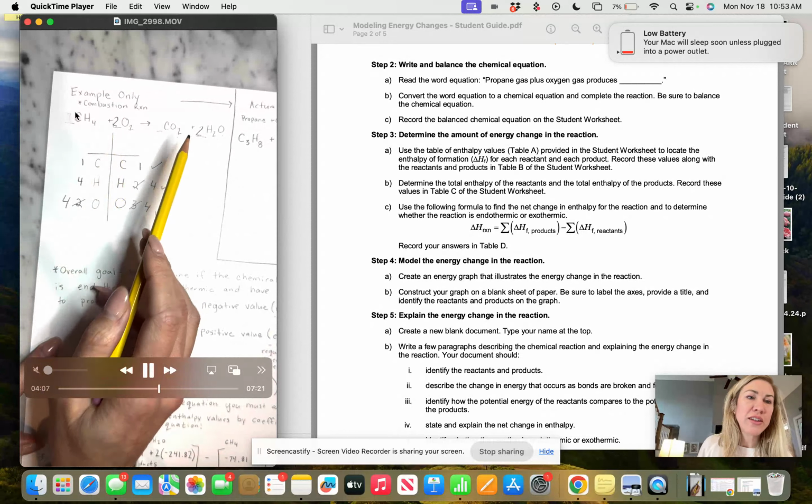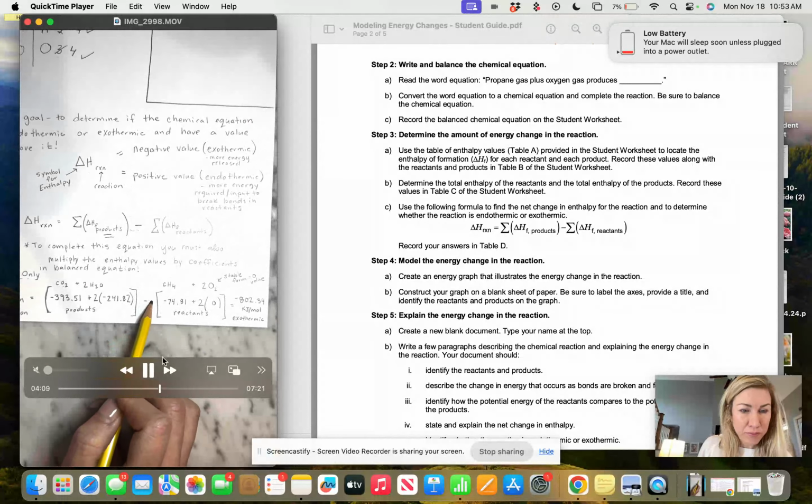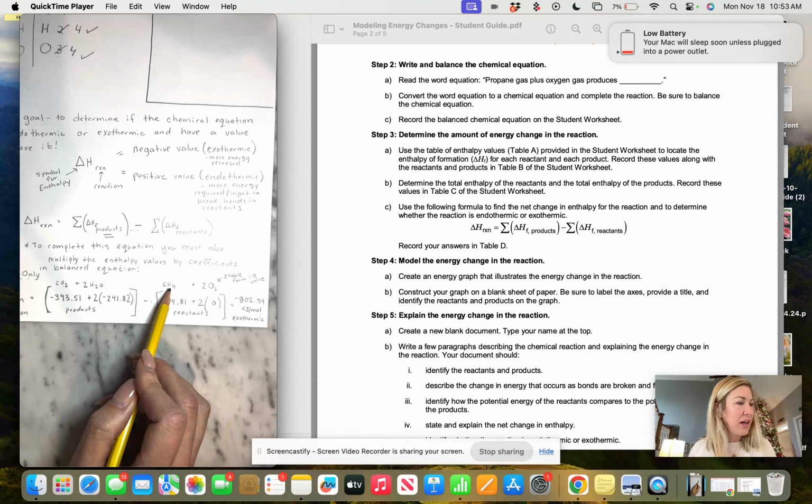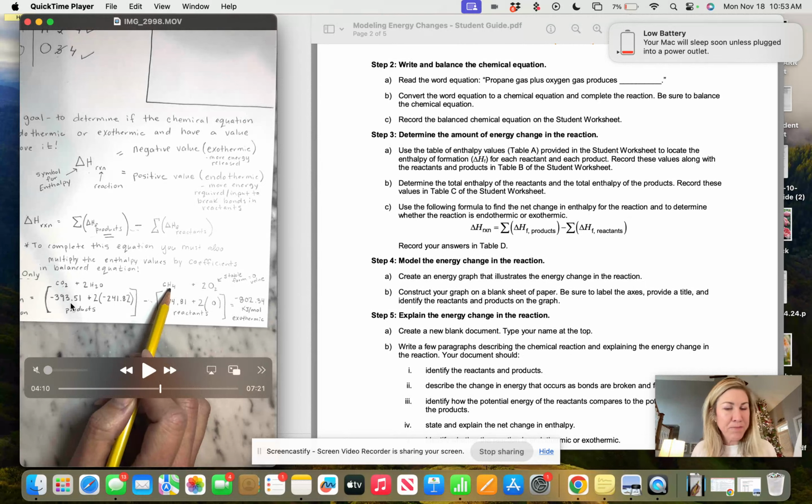And then over on this side of my reactants, there's my methane and then my oxygen. So I just kind of wrote those above. All right, right here, these values, the enthalpy of the reaction, you get those from the little chart here. So I had to, you can find carbon dioxide, okay?